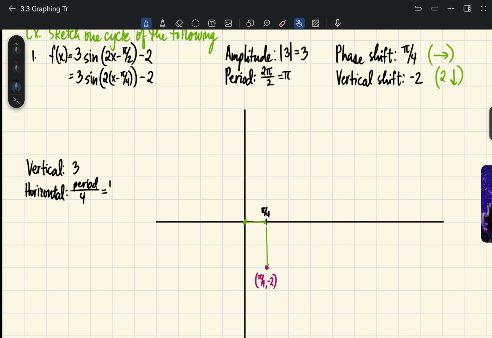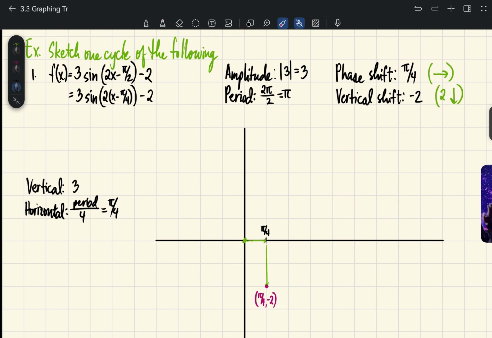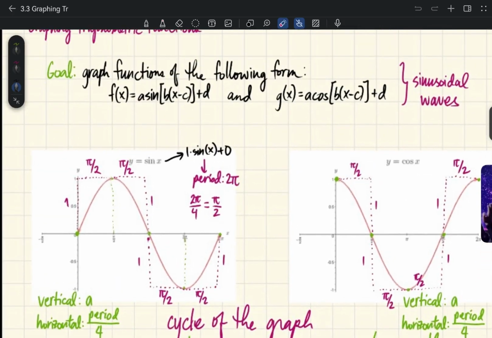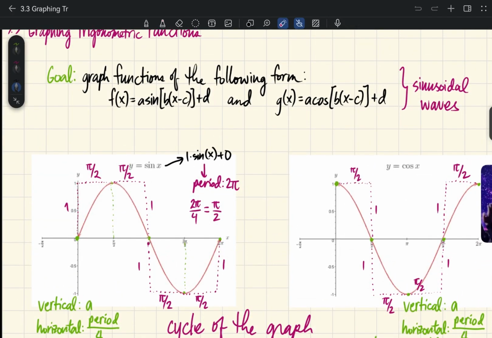So that's pi over 4. So that means starting from this point to follow our framework, we move 3 units vertically and pi over 4 units horizontally. Since our base function is the sine function, we will use the framework for the sine function.